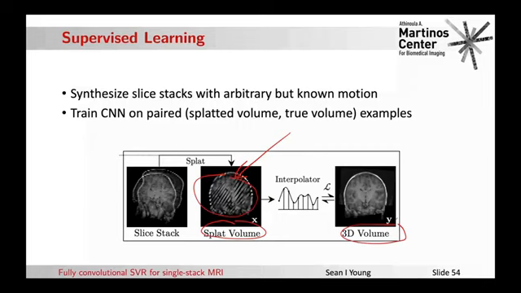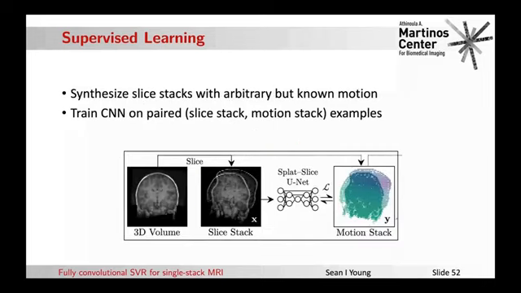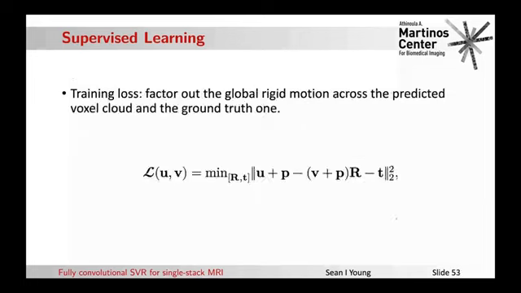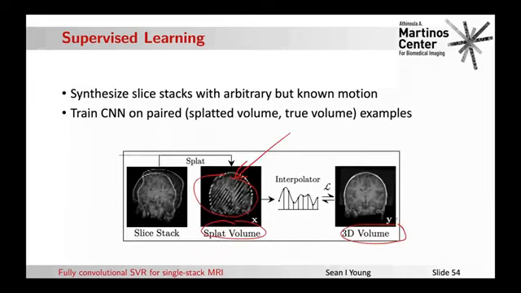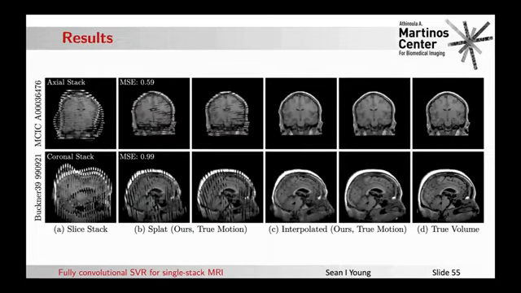So we do the motion estimation as a first step, and then using the estimated motion, we have this predicted warped volume. And then from the predicted volume, we go to something closer to the 3D volume by filling in the holes, basically. And so these are the results that we get.